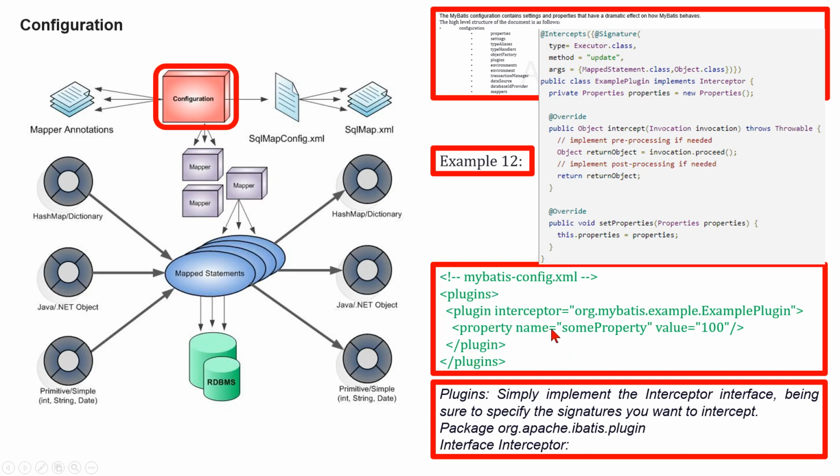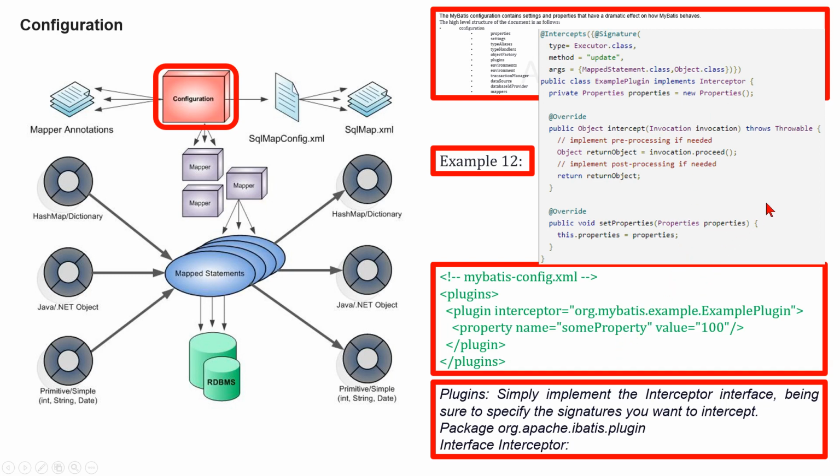Simply implement the Interceptor interface, being sure to specify the signatures you want to intercept. The interface Interceptor is in org.apache.ibatis.plugin.